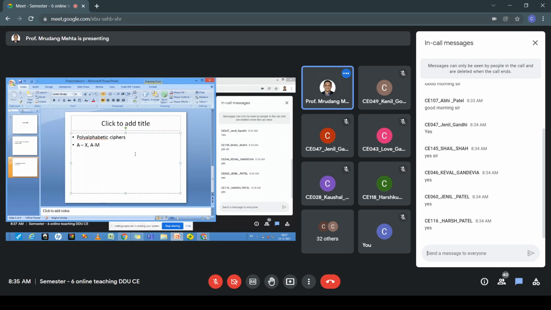So in the Playfair cipher, the key, let's say the key is one word.